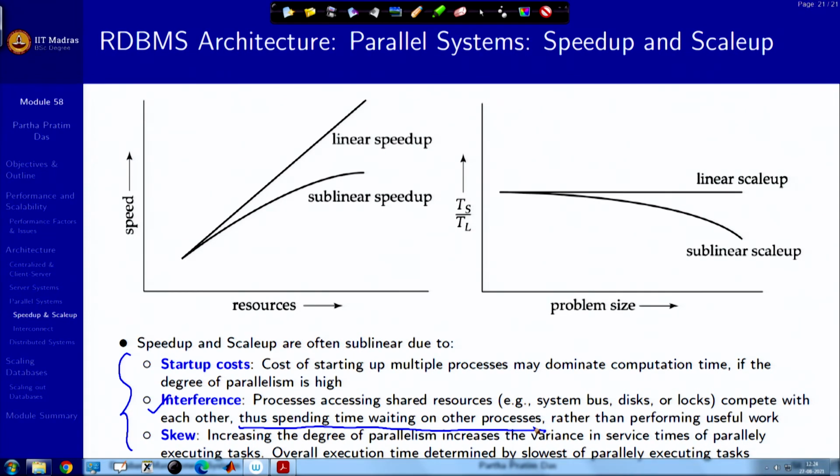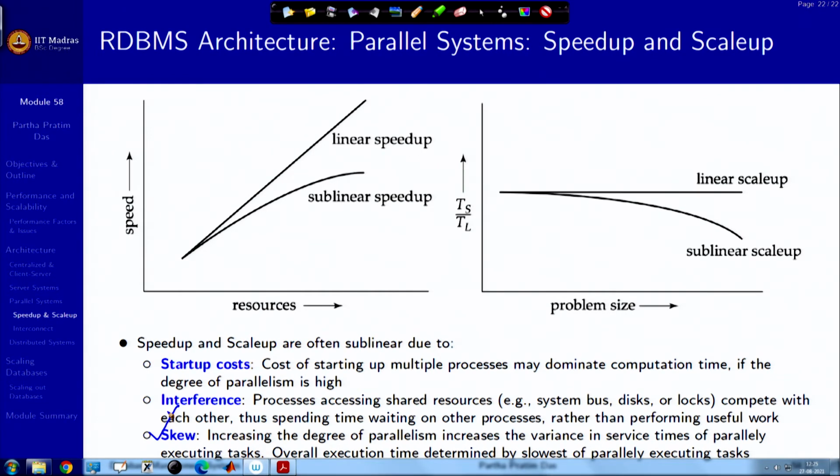Another reason that you get sublinear speedup or sublinear scaleup is that in real life there is a lot of skew. As you increase the degree of parallelism, the variance of service time of parallelly executing tasks increases.